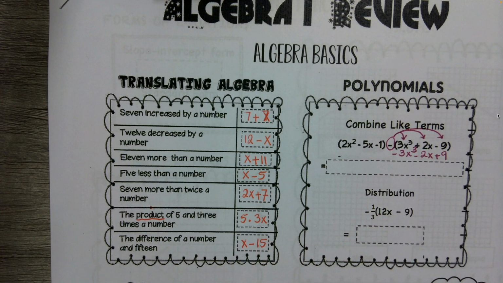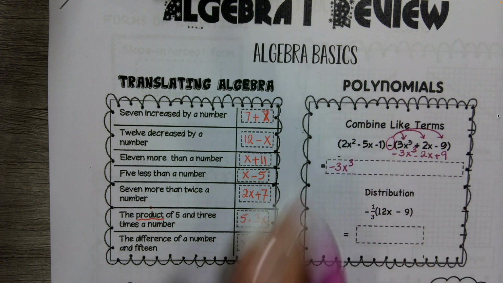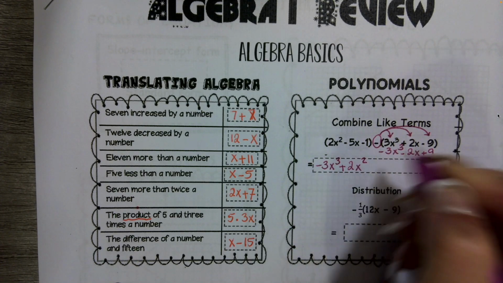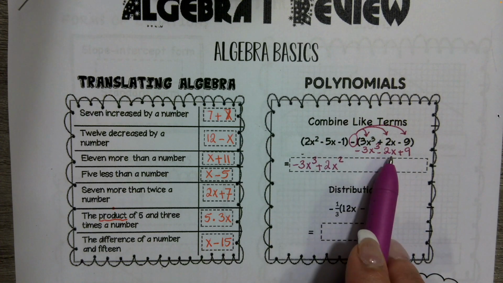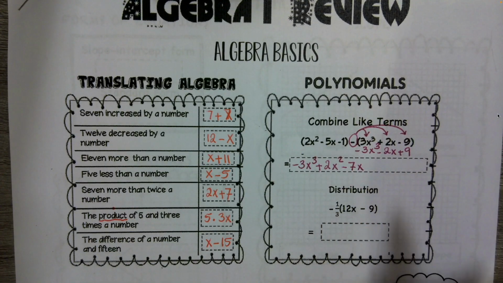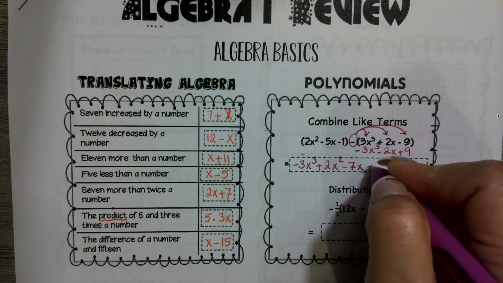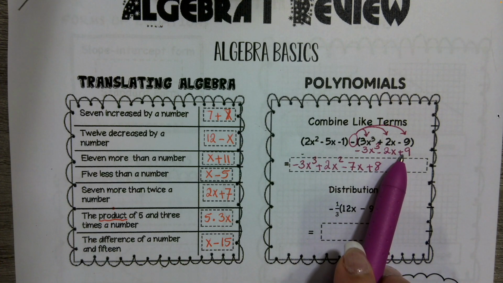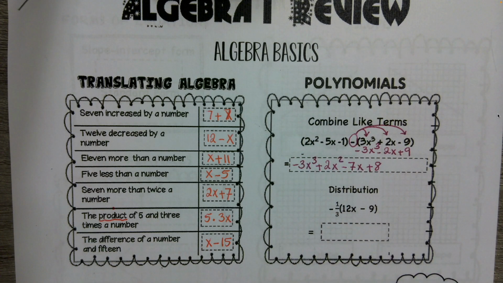We're just going to write it down as -3x cubed plus 2x squared. And then we have -5x and -2x, which is -7x. And then -1 plus 9 would be +8. That's how you combine like terms, okay?